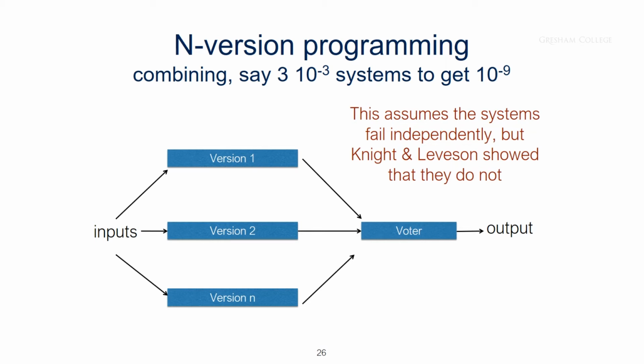And the idea is that you write the software, let's say 3 times, completely independently. You argue that means that they're going to fail completely independently. And so you feed the inputs into all 3 of the versions, and you have a voting system that combines the outputs and decides on the basis of a majority vote what the right output should be.